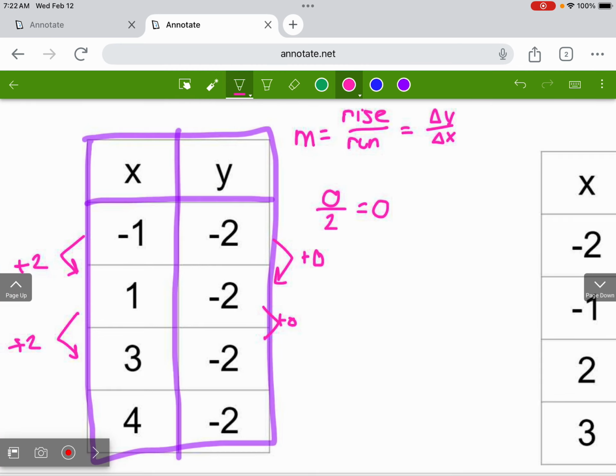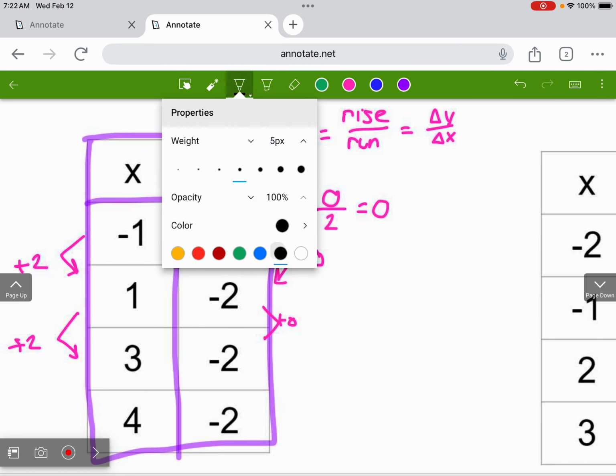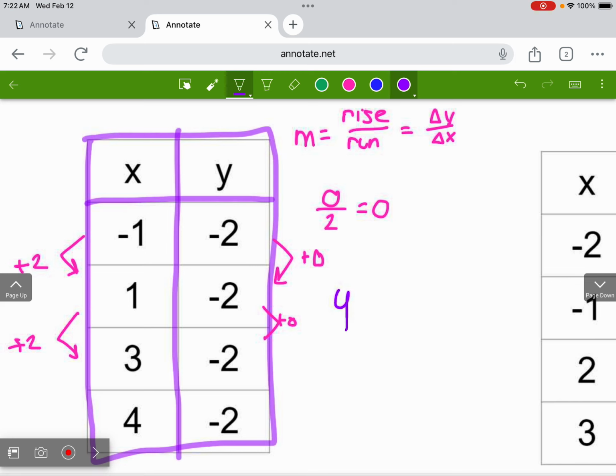0. So if we went to put this into an equation for a line for this one, we'd have y equals 0x plus what? What might our y-intercept be? -2. It's not changing.